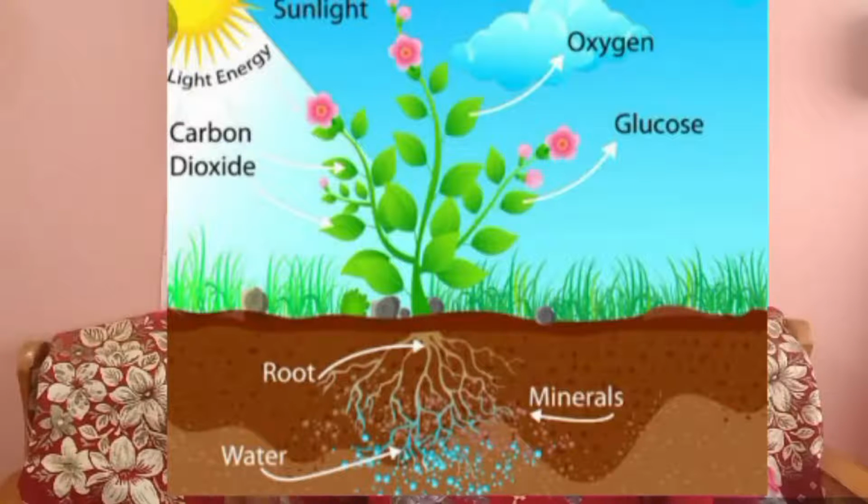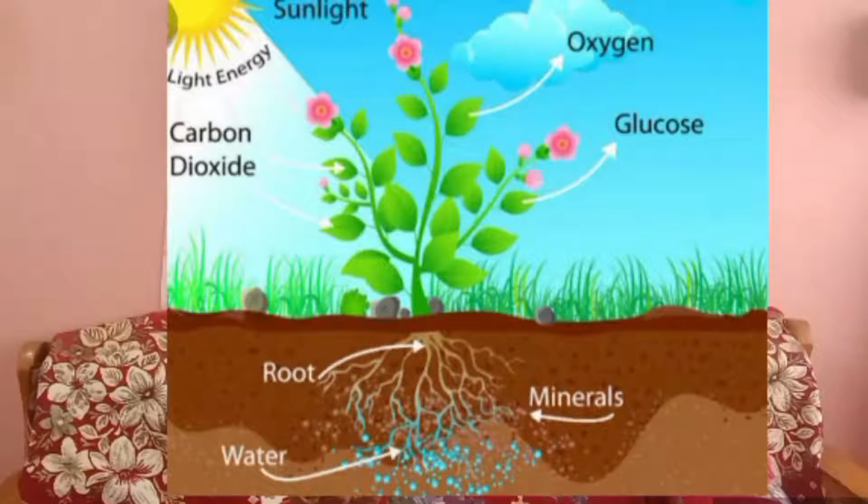Carbon dioxide from the air is also absorbed. It enters into the leaves through small pore-like openings known as stomata. When all these substances required for photosynthesis are present in the leaves, a chemical reaction takes place there in the presence of sunlight.